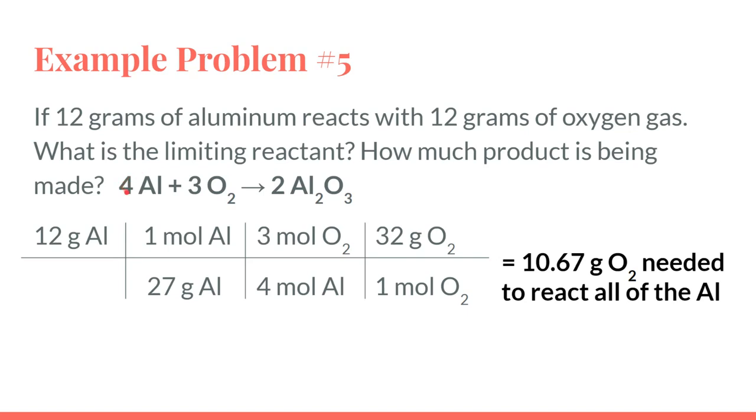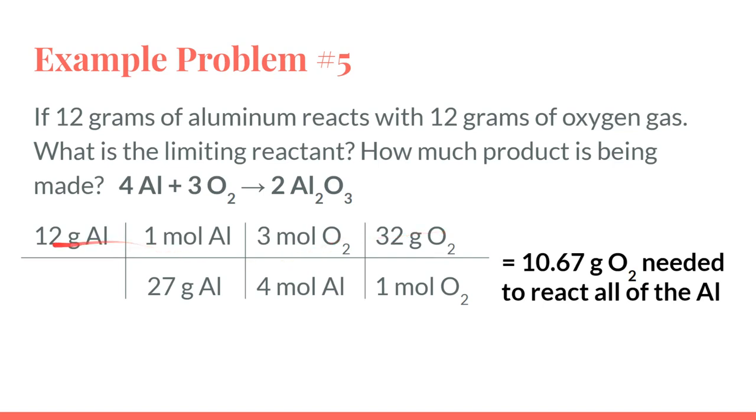So I see in my balanced equation that for every 4 moles of aluminum, I have 3 moles of oxygen. And then I need to convert my moles of oxygen into grams of oxygen using a simple mole conversion. So that is why I put the 1 mole of oxygen down and 32 grams up. And then you can go through and solve it.